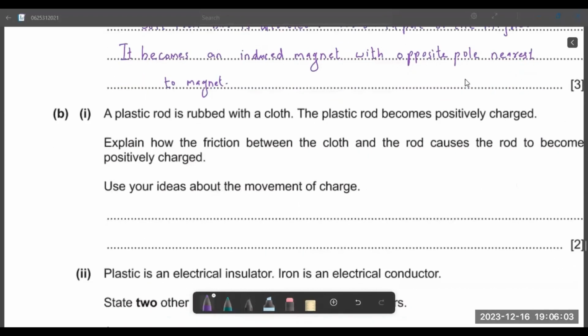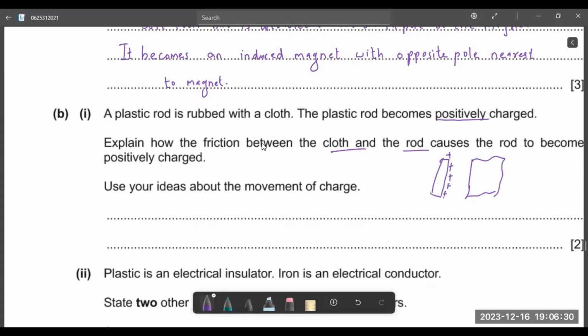Next, a plastic rod is rubbed with a cloth. The plastic rod becomes positively charged. Explain how the friction between the cloth and the rod causes the rod to become positively charged. So there is a plastic rod and it is being rubbed with a cloth material, and the rod has become positively charged.